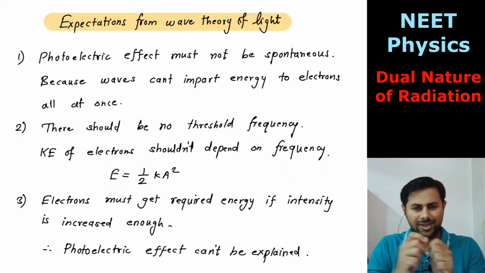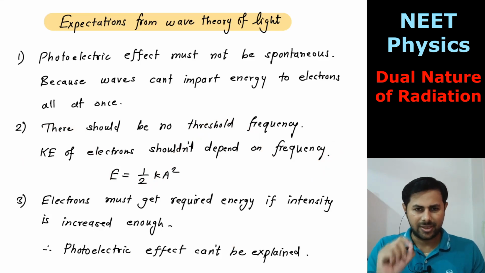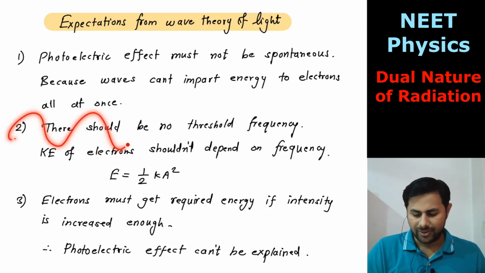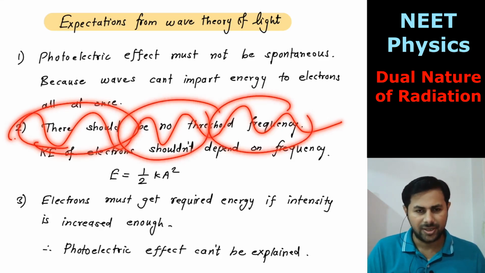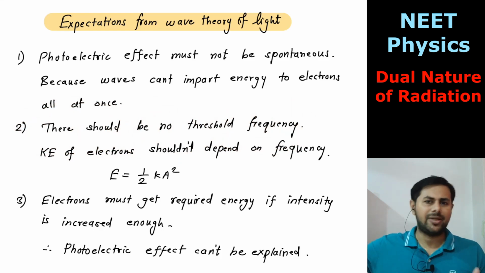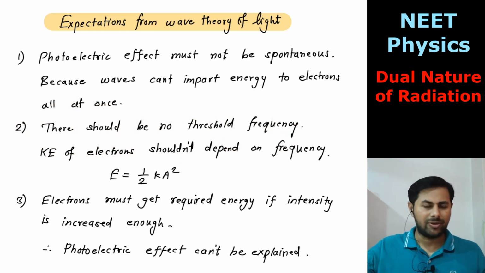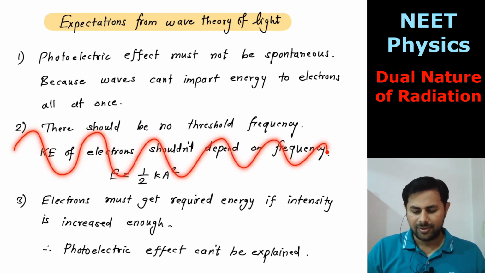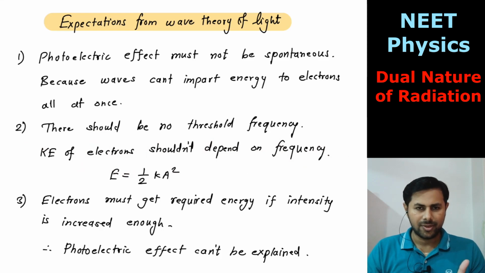Now the energy of the wave is not localized at one place. It's not a particle, it is a wave, right? So some amount of energy is here, some energy is here, some energy is here. So if the wave is spread, let's say over 50 kilometers, then the energy of the wave is spread over 50 kilometers, right? So if the wave strikes an electron, the electron doesn't immediately get all of its energy.